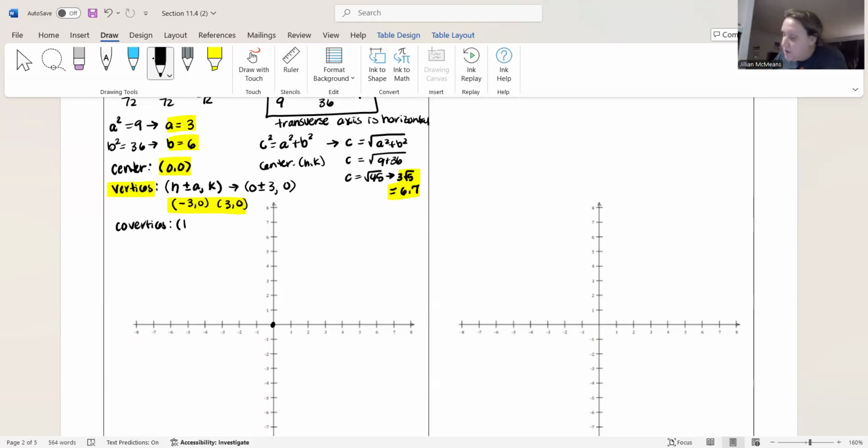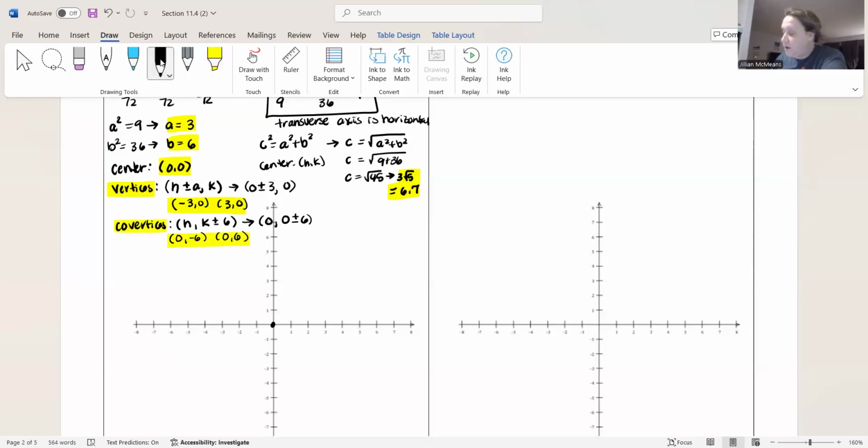So the co-vertices are going to be at h, comma, k plus or minus b. So we want to go plus or minus b, which was 6 in this case. h is just 0. k was 0, but we're going to go k plus or minus 6. So our co-vertices are going to be at (0, -6) and (0, 6). So those are the co-vertices.